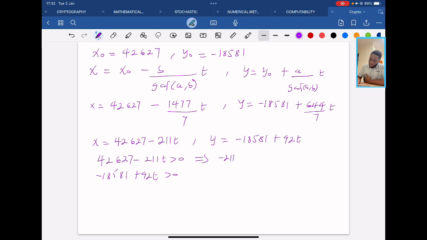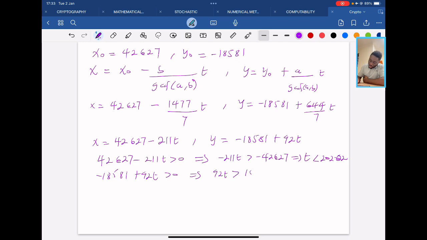We're going to get this greater than minus 42627. Now if you divide through by negative, you are going to get t to be less than 202.02. Let's make t the subject.